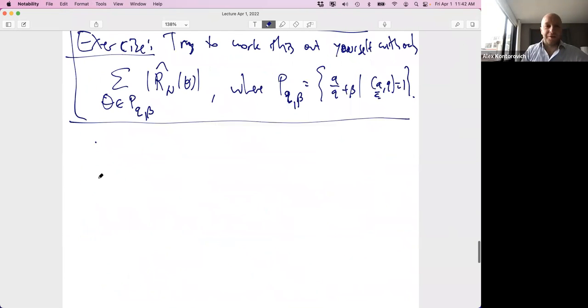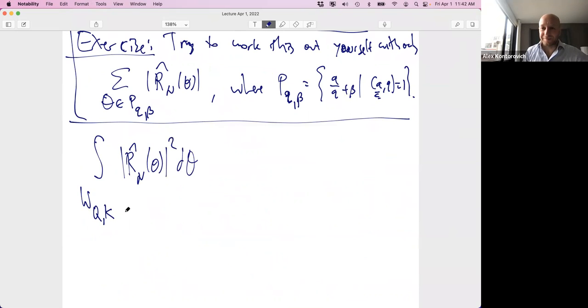Yes. So when we integrate over W, Q, K of R hat theta squared, this is the main thing. This is going to be an integral over beta of size K over N. And then we can pull out one factor.